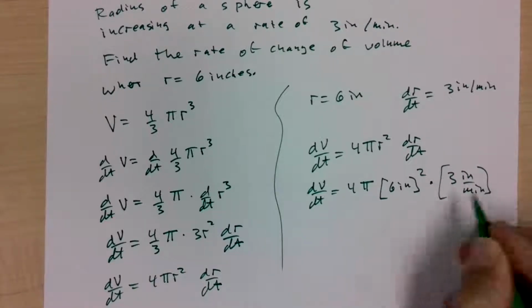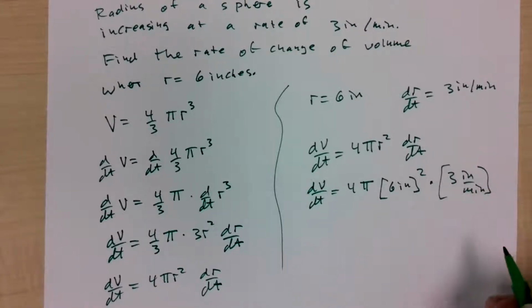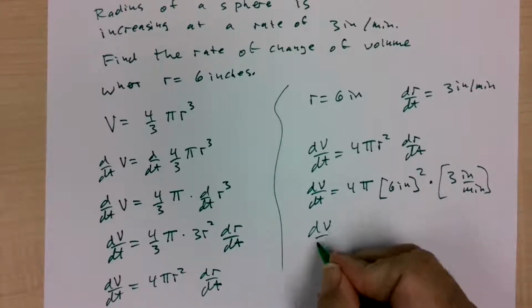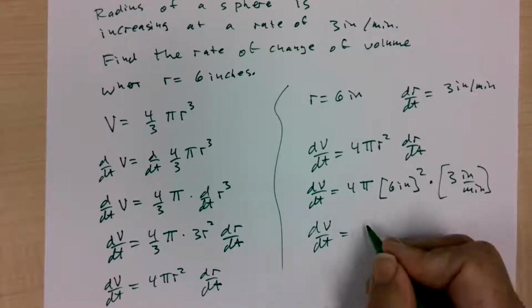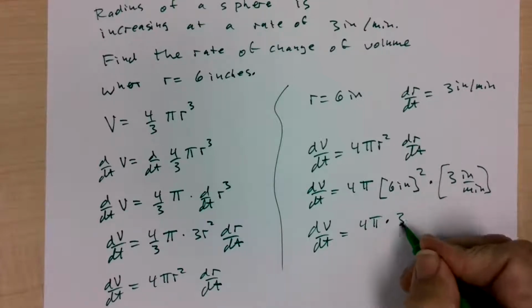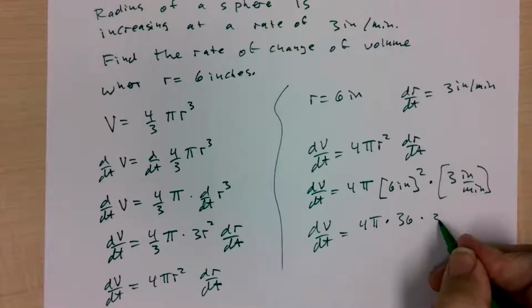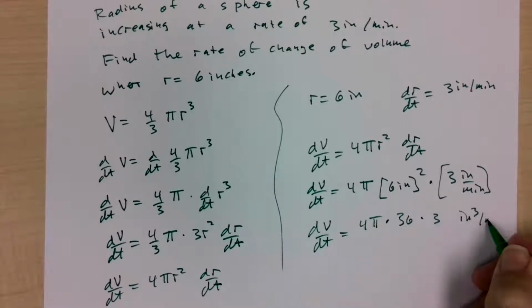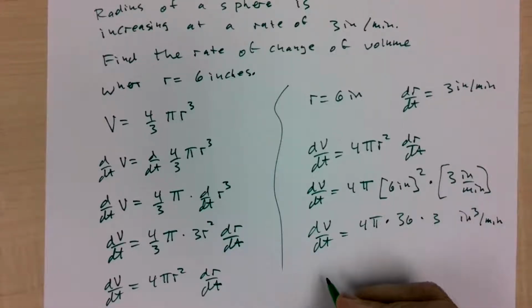Just take a quick look at the units here. Inches, inches, inches. It's inches cubed. So dV/dt is 4 pi times 6 squared times 3 cubic inches per minute.